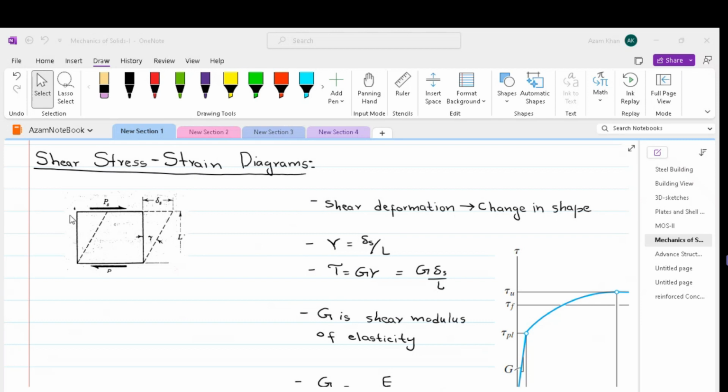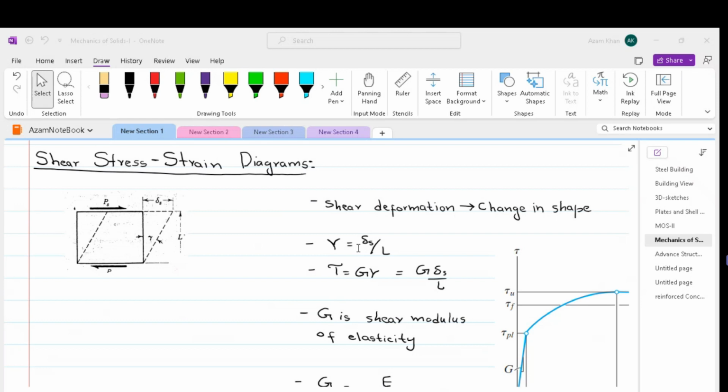So initially, if we have a square section, it will be changed into a parallelogram section. This action may be visualized for the present as equivalent to infinitesimal sliding. The sliding is shown by delta S. So the shear deformation is defined as delta S by L.